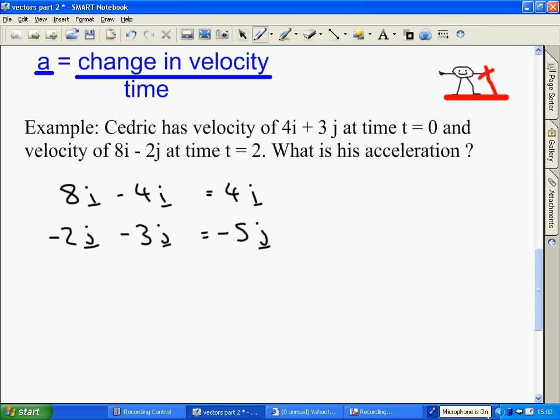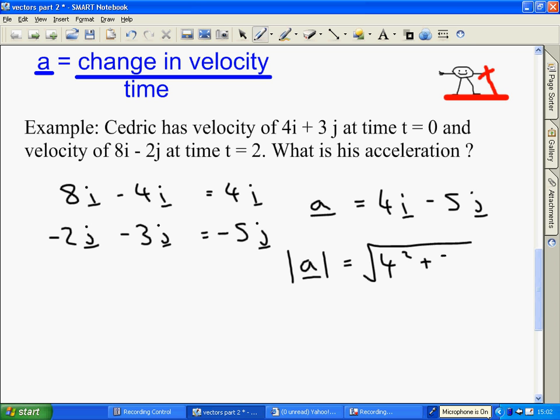So Cedric's acceleration vector is 4i minus 5j. We can also find the magnitude of his acceleration by using Pythagoras again and just finding the square root of 4 squared plus 5 squared.